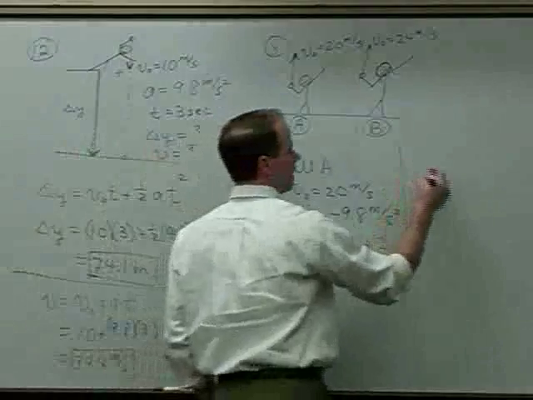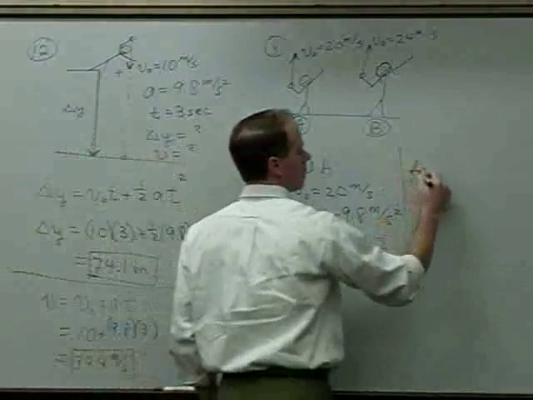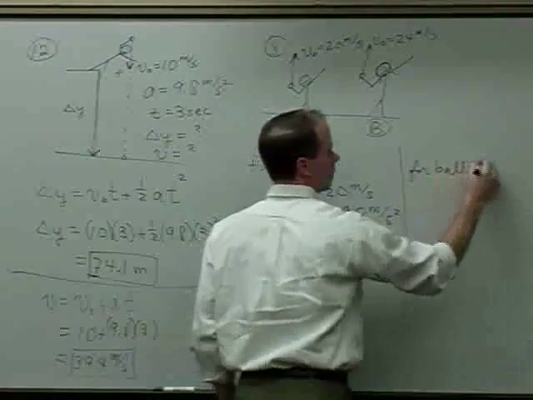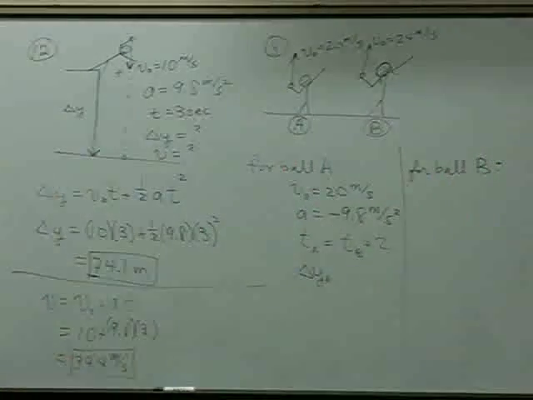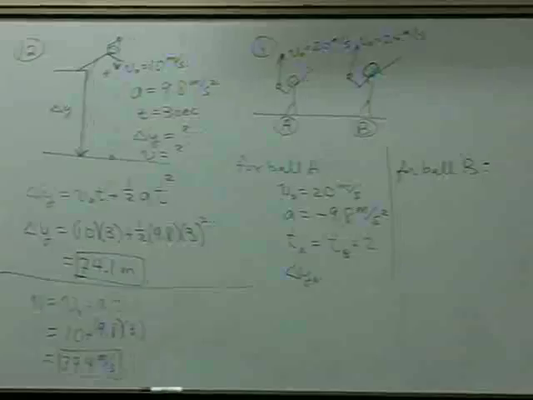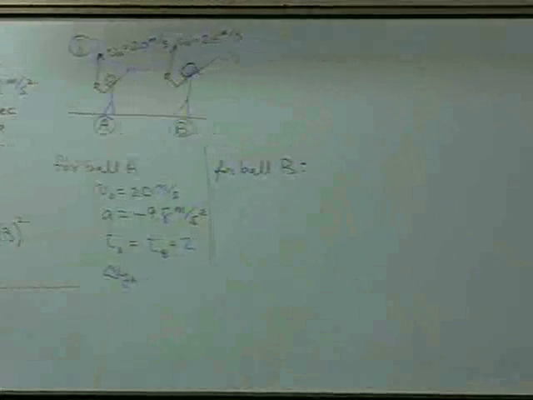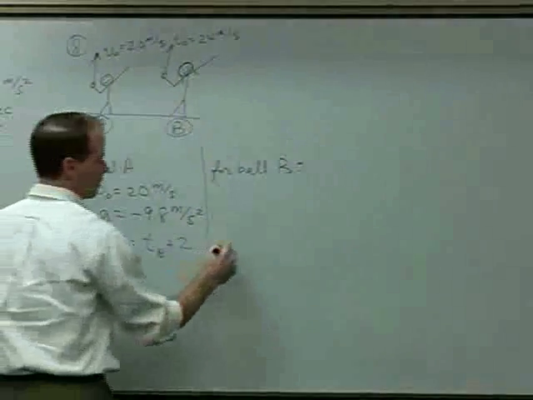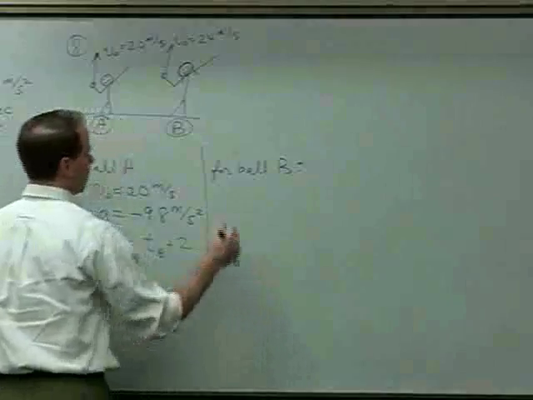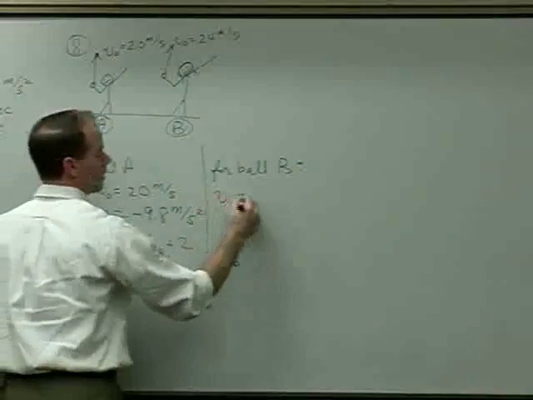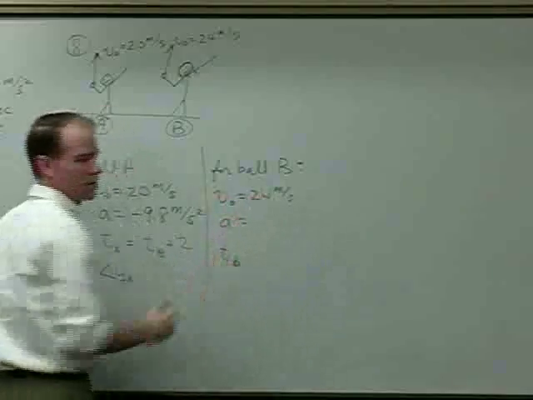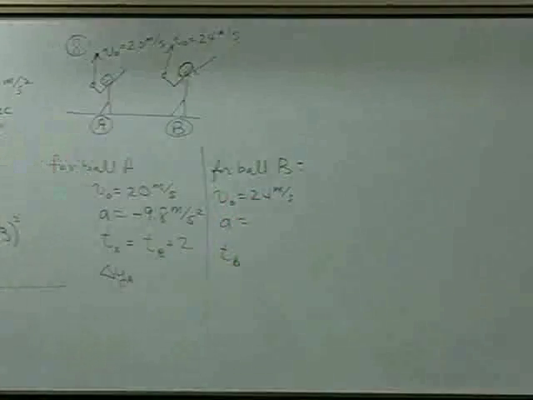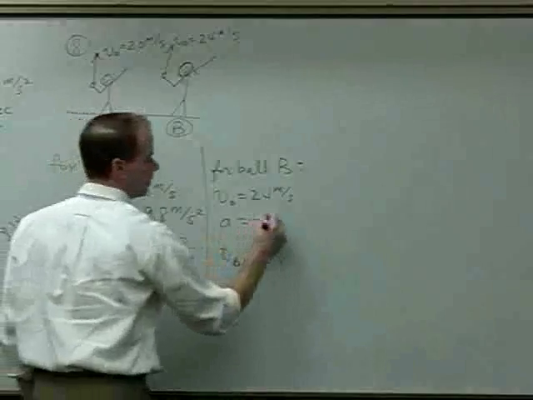Let's look at ball B. What do we know about ball B? Time, initial velocity, 24 meters per second. Acceleration is negative 9.8, same.